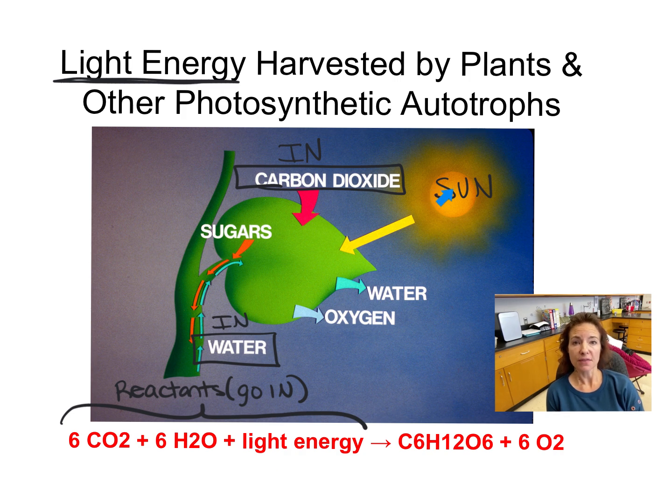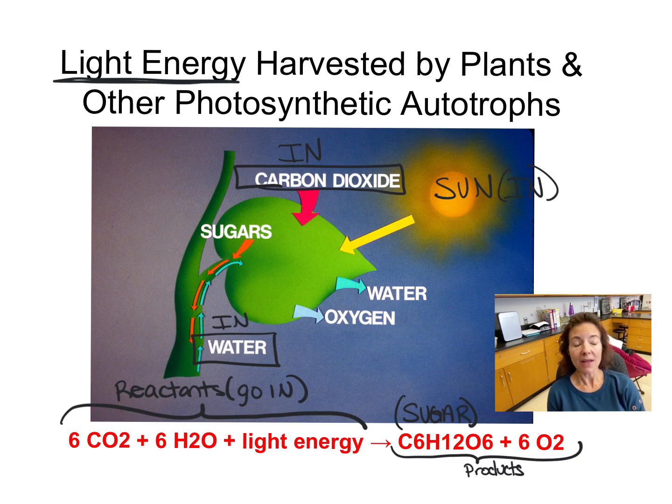From those three things, the plant is going to break apart the bonds that are between the carbons and the oxygens in carbon dioxide and between the hydrogens and the oxygens in the water. It's going to break those bonds apart, and it's going to basically rearrange the atoms, and it's going to make two new materials. So on the right side of the arrow here, that's going to be our products of the process of photosynthesis.